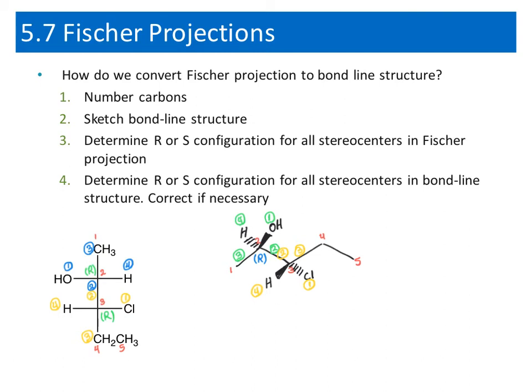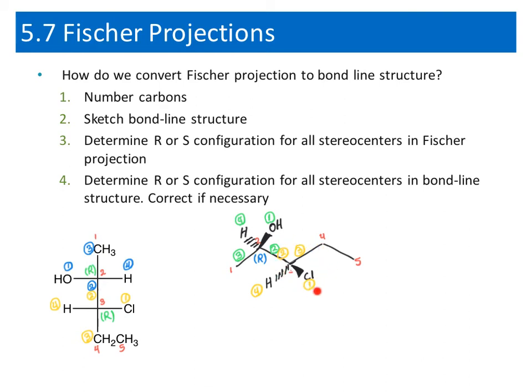In this situation, I can just switch these two groups. So I'm going to put the hydrogen in dash and chlorine in wedge. Now let's count: 1, 2, 3.